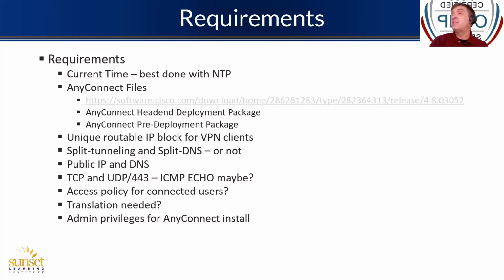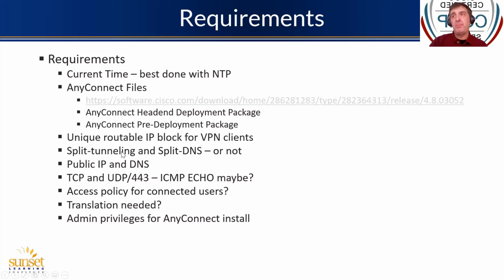And the fact that it's a maskable, routable IP block has substantial benefits for route summarization and filtering outside of the ASA itself. So the best overall benefit is to not just think of it as a pool of addresses, which is what we'll apply, but think of it as a routable IP block. We need to be able to understand how to reach back or respond to these entities living out across our public internet.